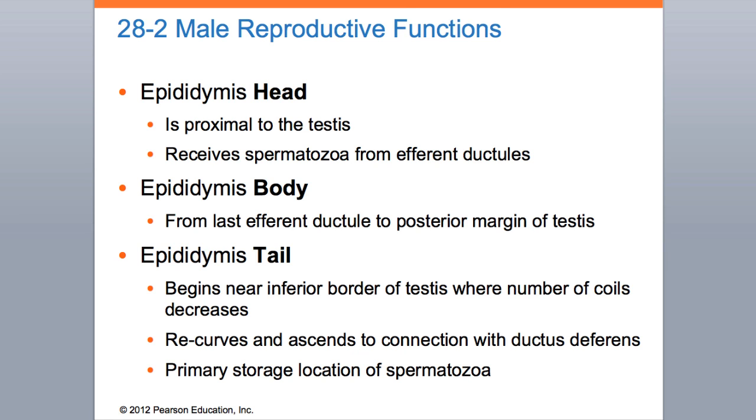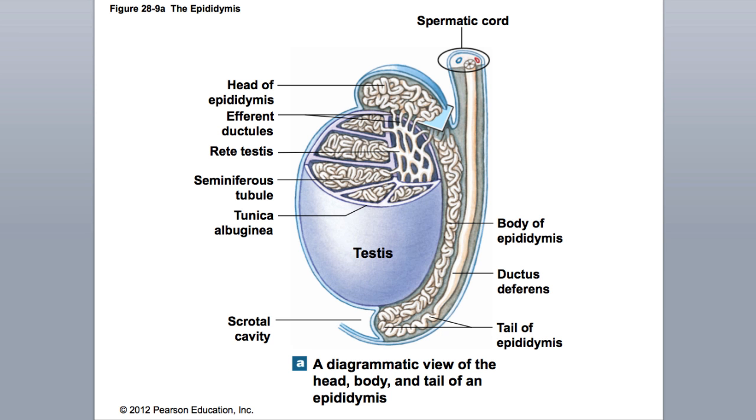Next slide. Okay, here's a picture version of what I've said so far. So here you have the seminiferous tubule shown here as well. Then you have this line right here. That piece right there is the straight tubule, rete testis, and then you have the efferent duct going into the epididymis.